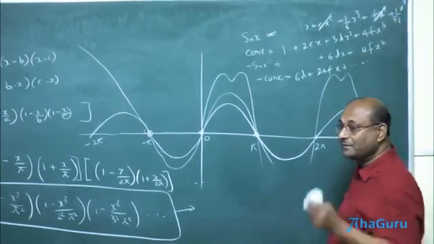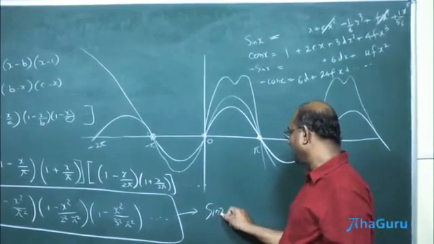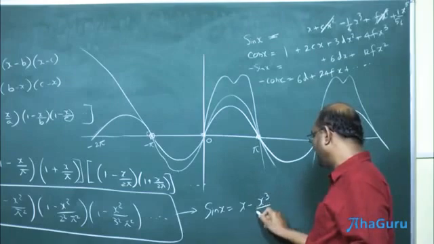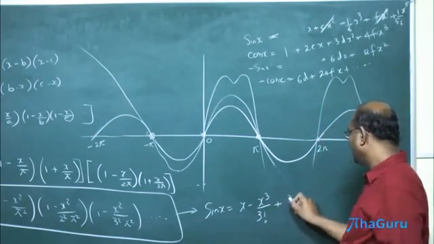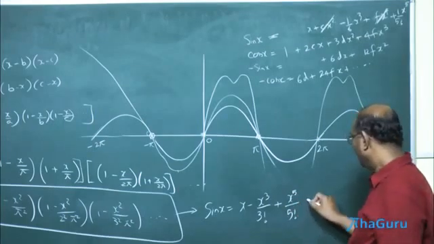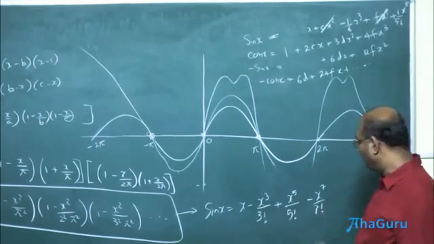So that means we've just also found out that sin x can be written as x minus x cube by 3 factorial, plus x power 5 by 5 factorial, minus x power 7 by 7 factorial and so on.